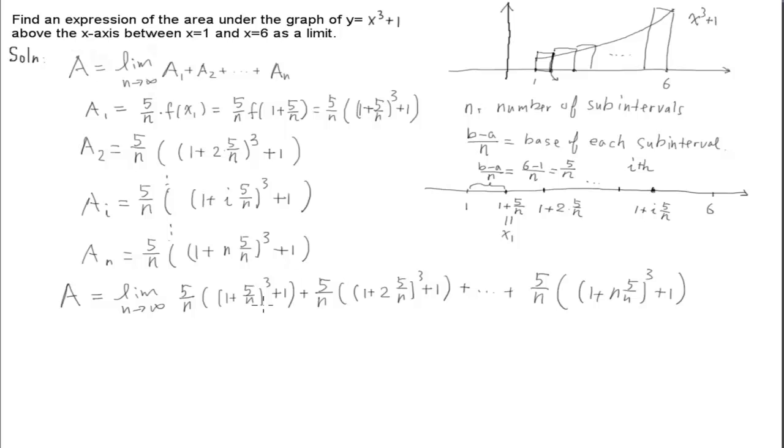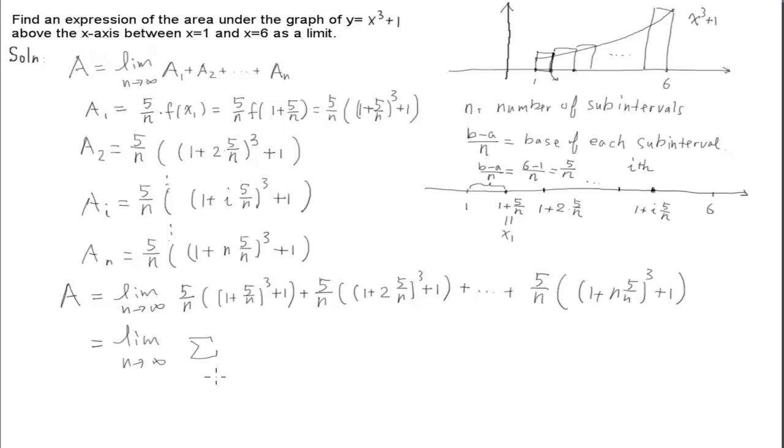Now, in our textbook, we also use the sigma notation. For the sigma notation, we just need this one over here. So this is going to be the limit as n is approaching infinity, and we use the sigma notation.